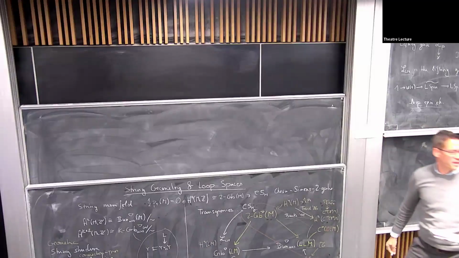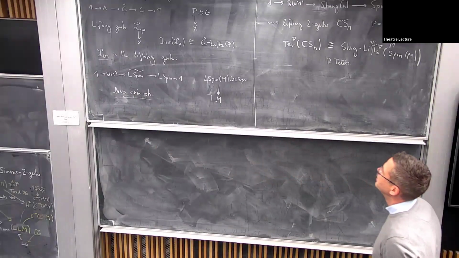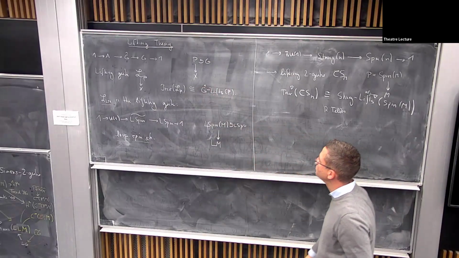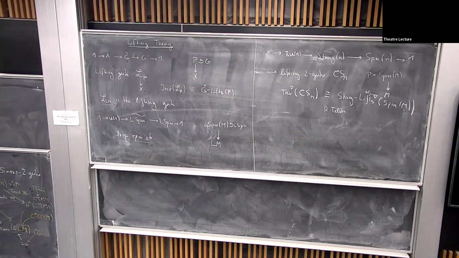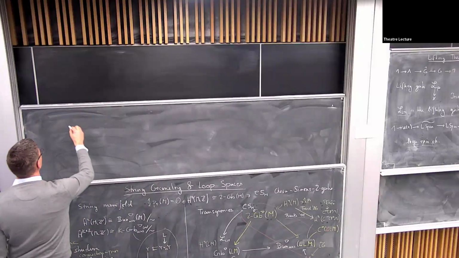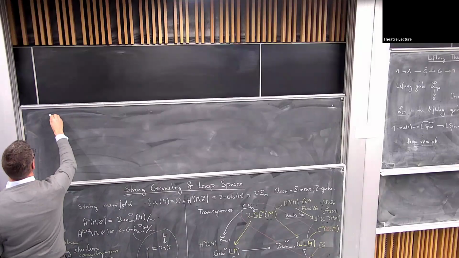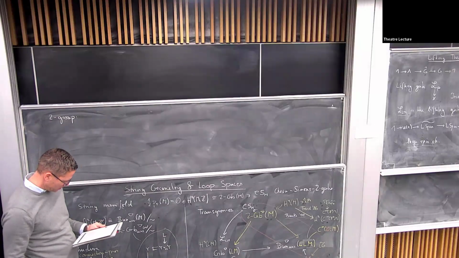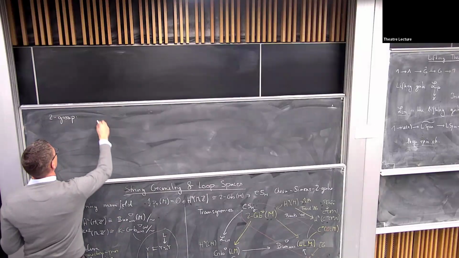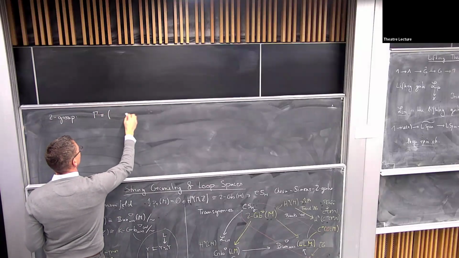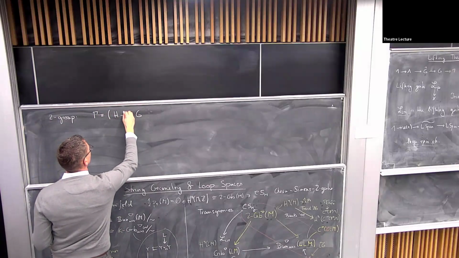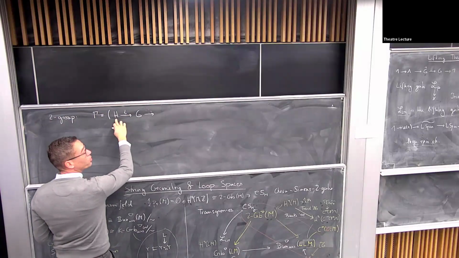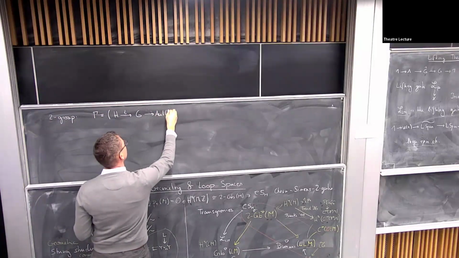I'm trying to explain some general abstract theory, and here the lifting thing can be useful in very many situations. Another thing that might be useful is if I explain what a 2-group actually is. It's fine to think about them as crossed modules, which means that one has two Lie groups, which I would call H and G. There is a group homomorphism t, and there is an action of G on H by group automorphisms.